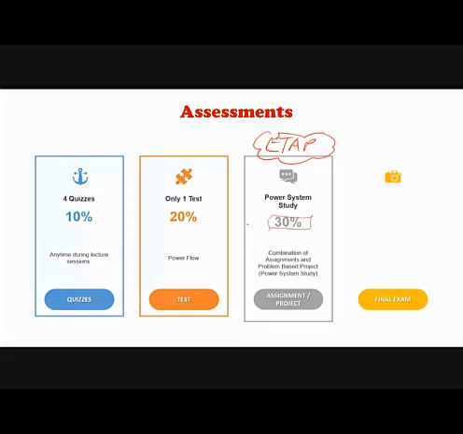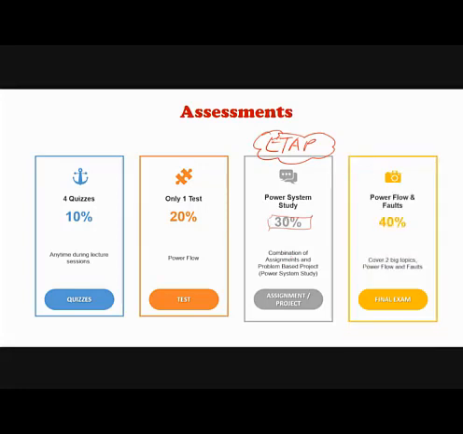For me, I am usually familiar with the PSCAD software, but for ETAP also we can study together. Okay, ETAP for power flow, because there are many other software that can be used to model our power system network. Okay, and finally we have the final exam. Final exam 40% will cover chapters 2, 3, and 4: power flow and fault analysis. Okay, this is our assessment.